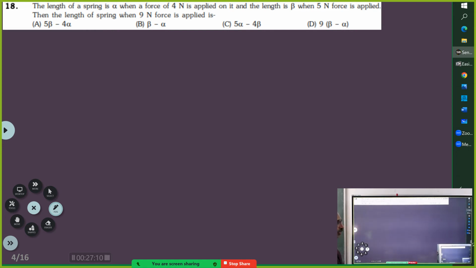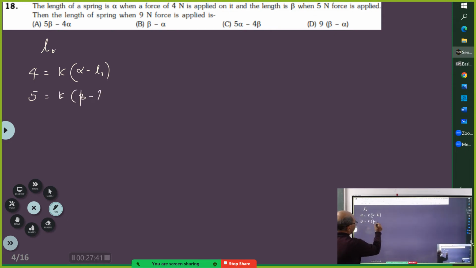Length of the spring, you understand that, length of the spring we have told. So you take the initial length of the spring to be L naught. Then you have to write simple equations. 4 Newton they have told will be equal to K into alpha minus L naught. First equation. Then they have told 5 newtons. So 5 newtons will be K into beta minus L.